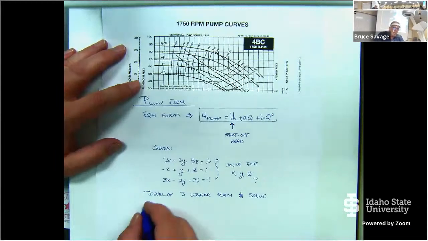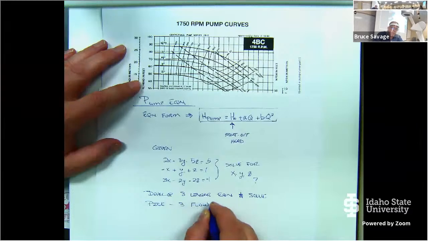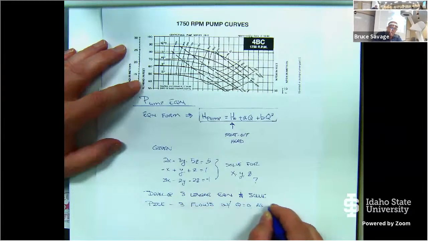So if I pick 3 flows, with Q equal to 0 as the first.